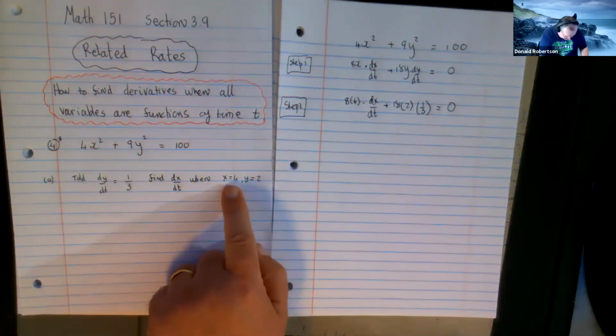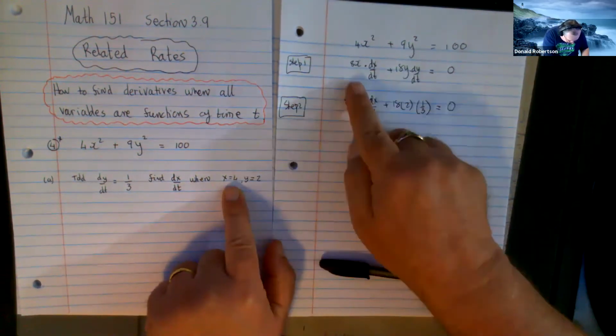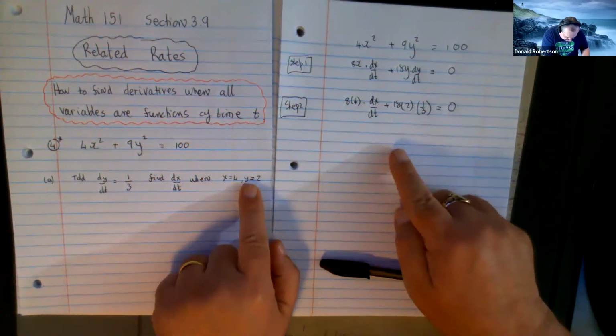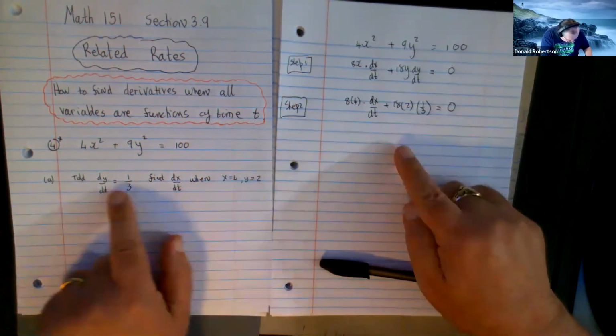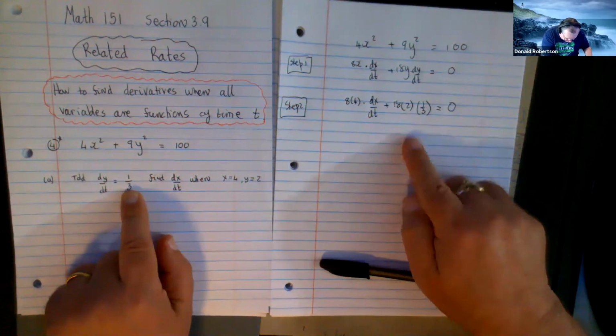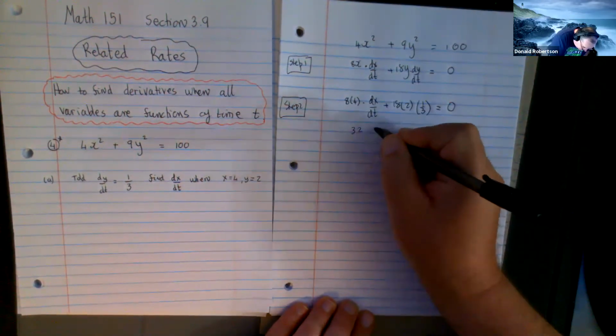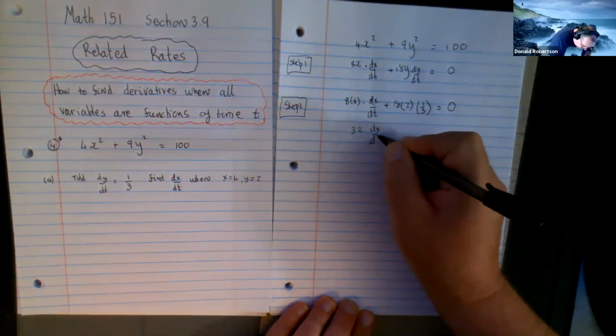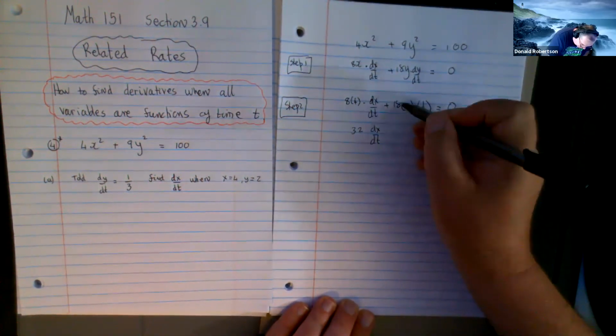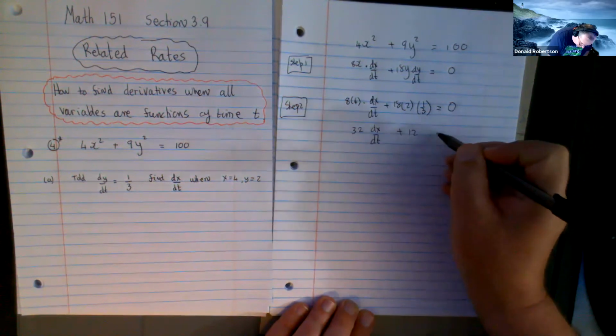So if you tell me x is 4, that becomes a 4. If you tell me y is 2, that becomes a 2. You're telling me dy by dt is a third, so that becomes a third. So what I now have is 32 dx by dt plus 12 equals 0.